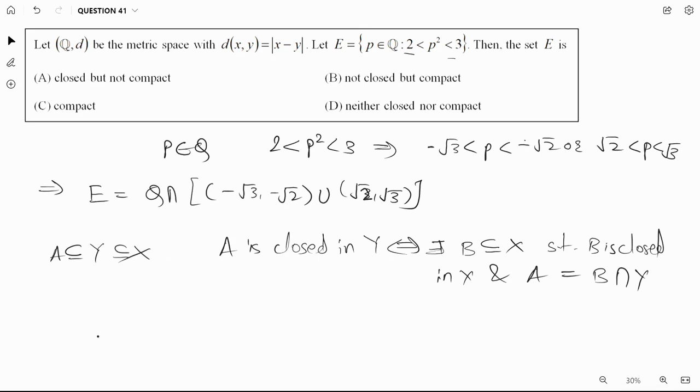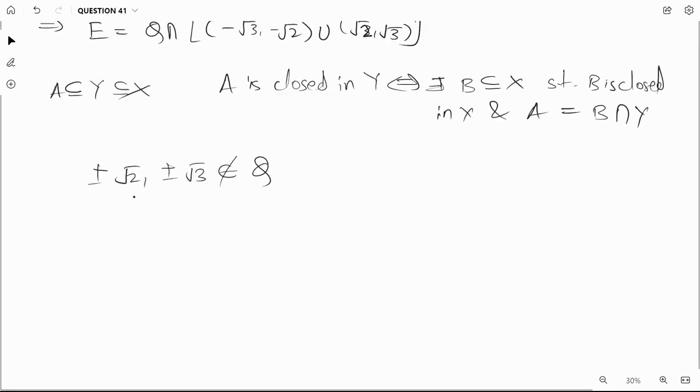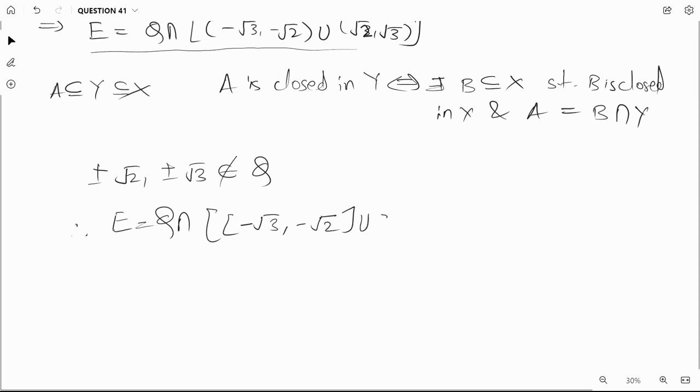Now note that plus or minus root 2 and plus or minus root 3 do not belong to Q, right? So therefore we can write E as Q intersection the closed intervals [minus root 3, minus root 2] union [root 2, root 3]. These two sets are equal because the endpoints of the intervals do not belong to Q, right?